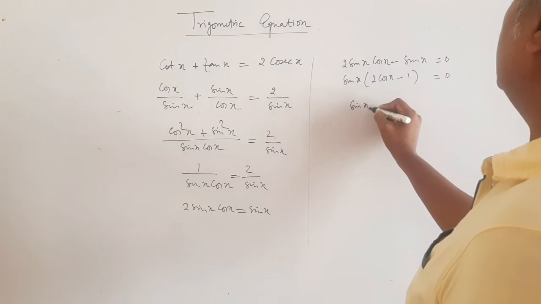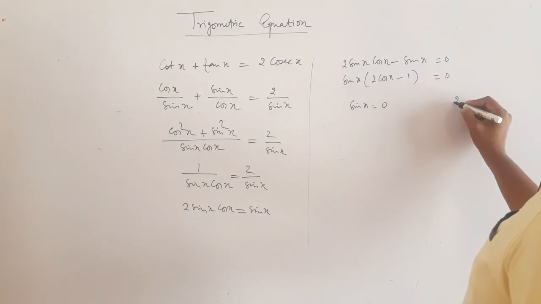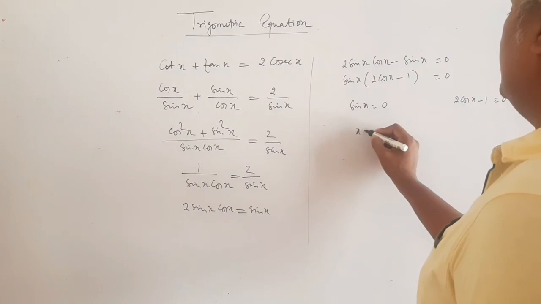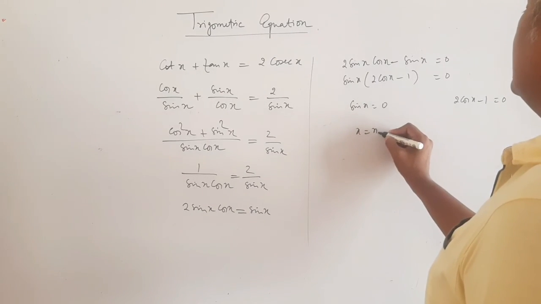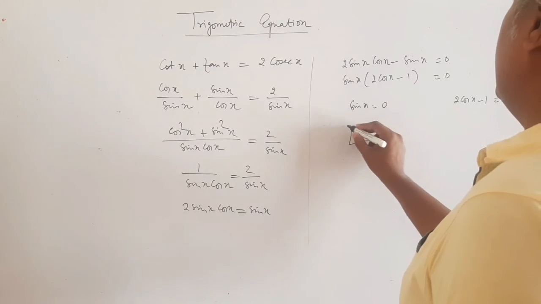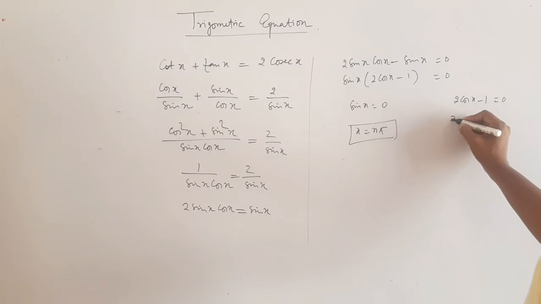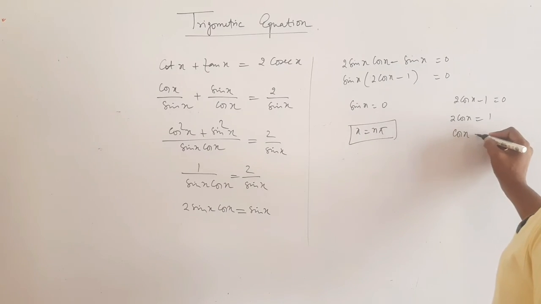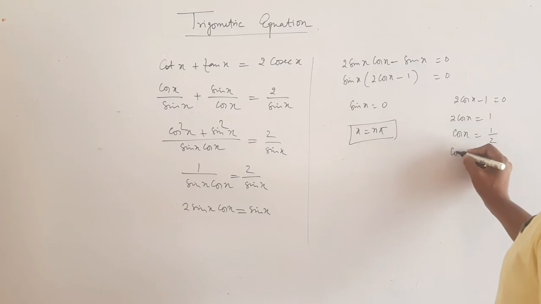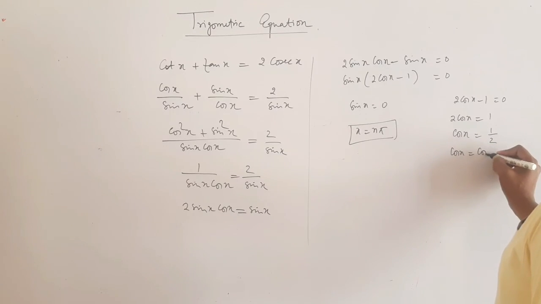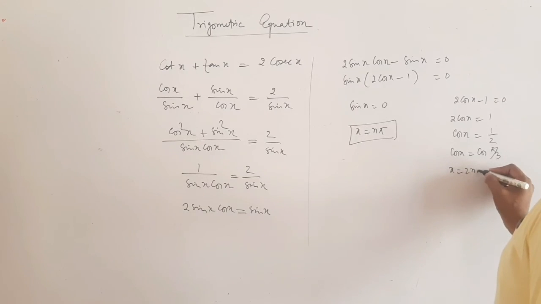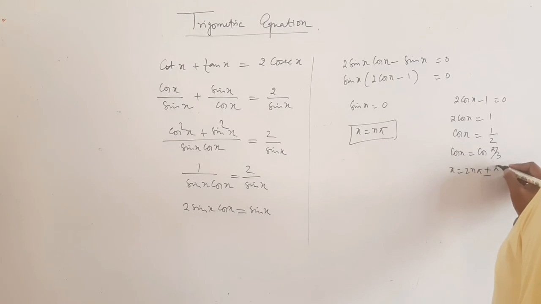So either sin x is 0 or 2 cos x minus 1 is 0. If sin x is 0, therefore x is n pi, where n is an integer, and the other is 2 cos x equals 1. Cos x is 1 over 2, cos x is cos pi by 3, and x is 2n pi plus or minus pi by 3.